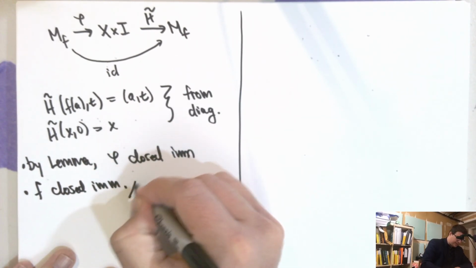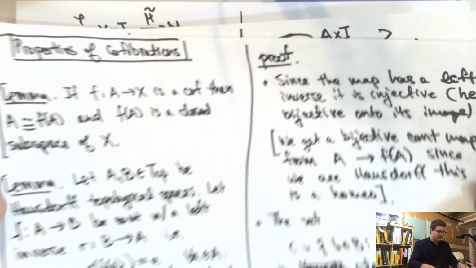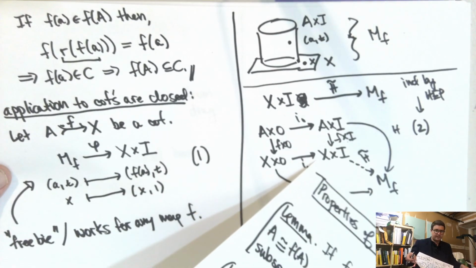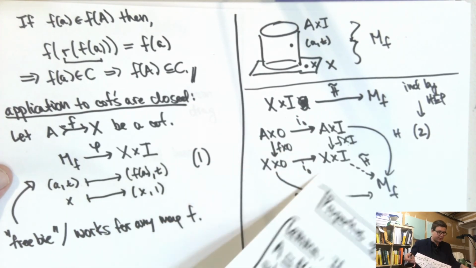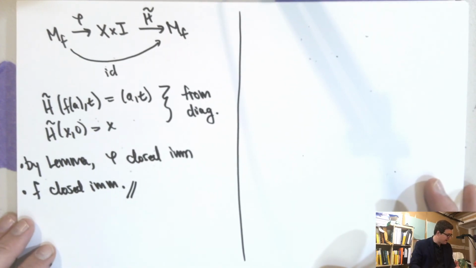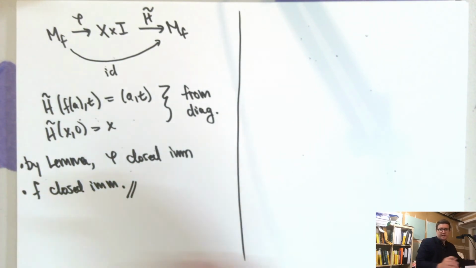This gives us the proof of the original statement that we wanted to show: that any cofibration is closed. We applied the cofibration hypothesis here, using the homotopy extension property, so we get that this is a closed immersion as well. That proves that they are closed. Maybe I'll pause here, and then I will add a bit more about characterizations of cofibrations.